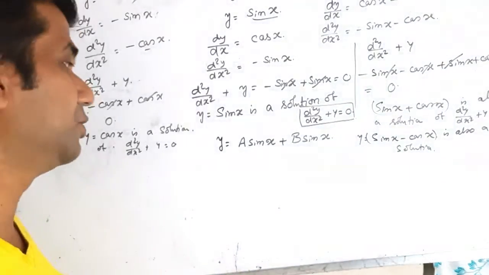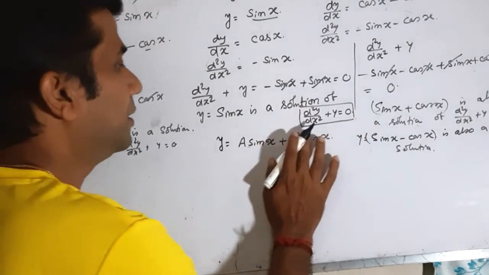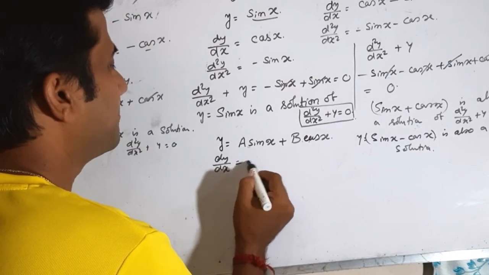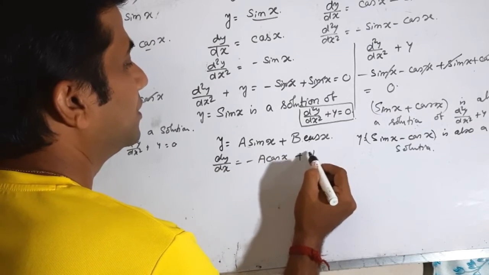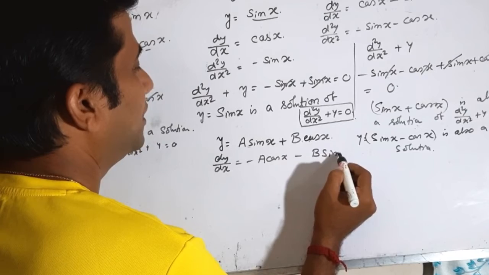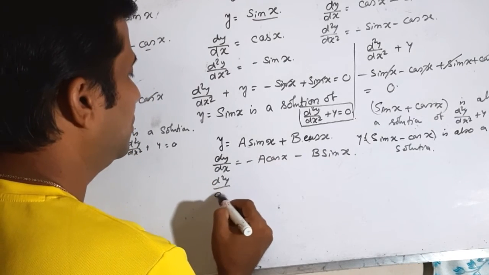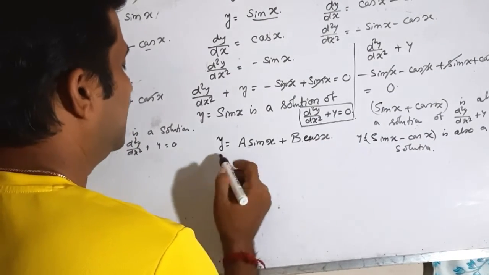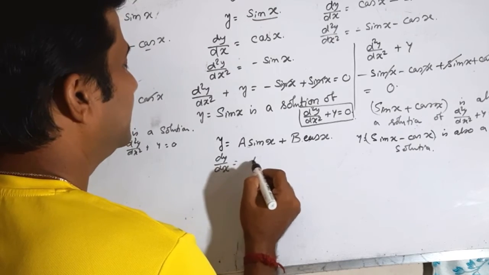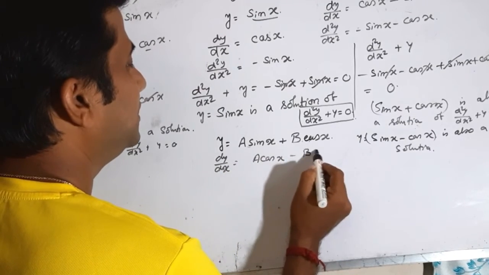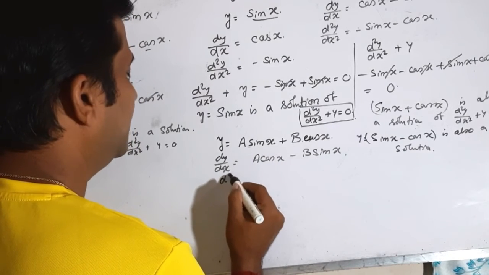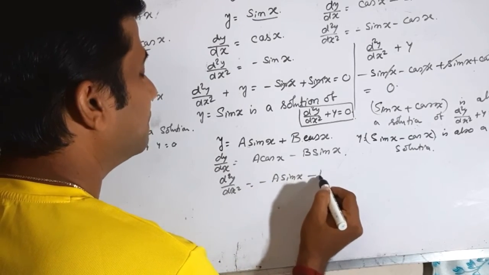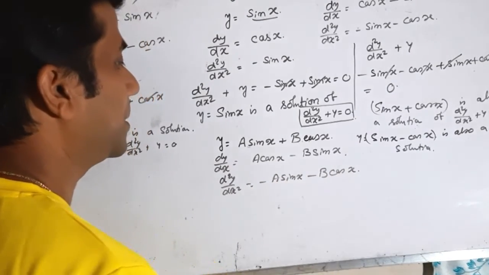Now take y is equal to a sin x plus b cos x. Then dy/dx is equal to a cos x minus b sin x, and d2y/dx2 is equal to minus a sin x minus b cos x.